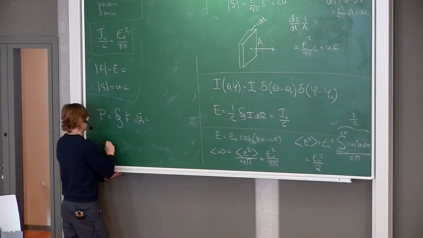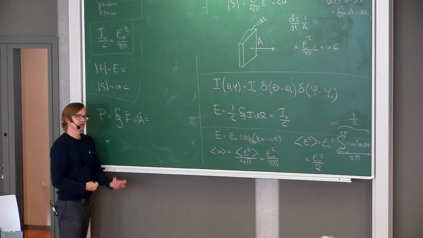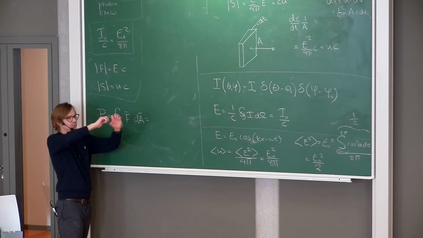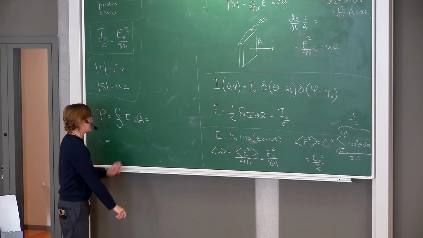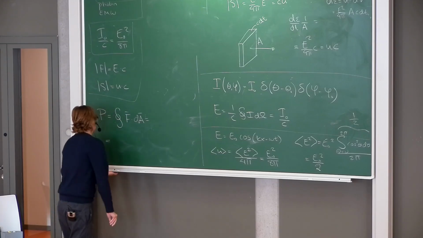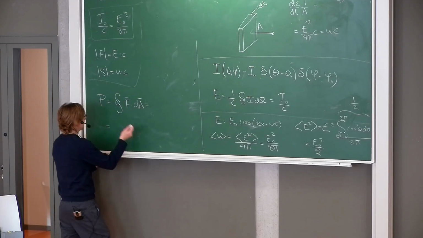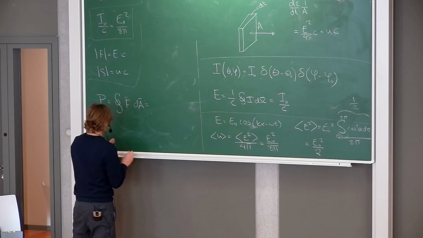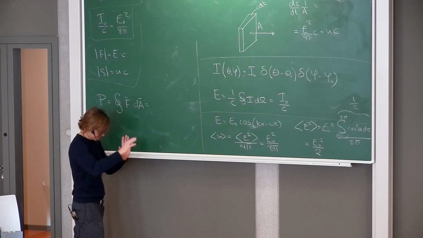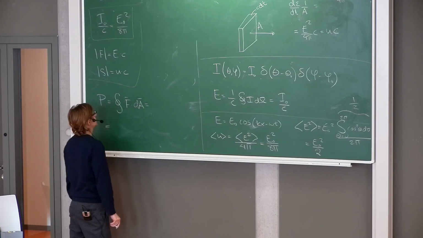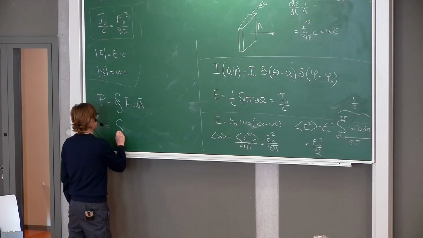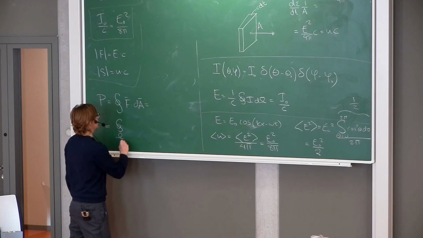In our case, if we go back to our little sketch of the incoming wave and the electron scattering around, with the electron oscillating, the radiation will spread out spherically again, such that this is the integral over omega.